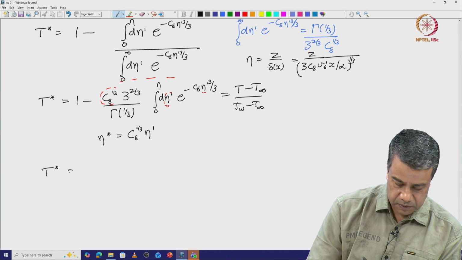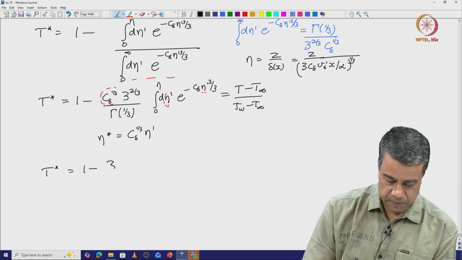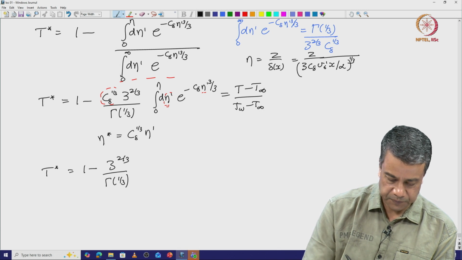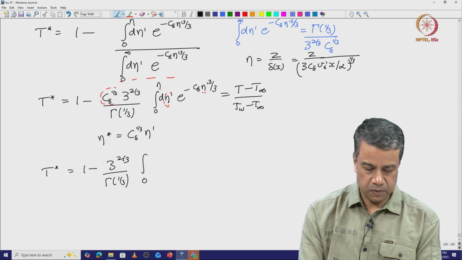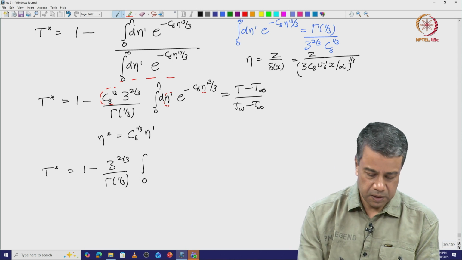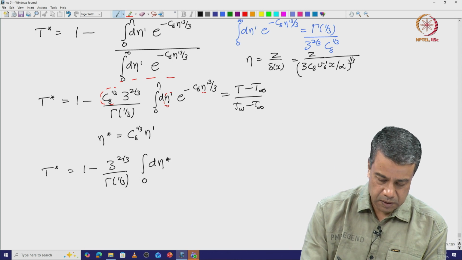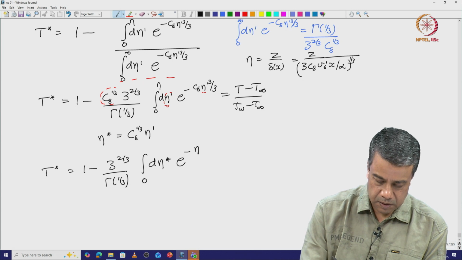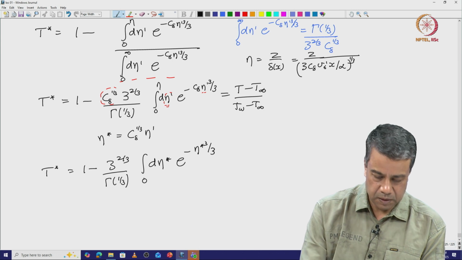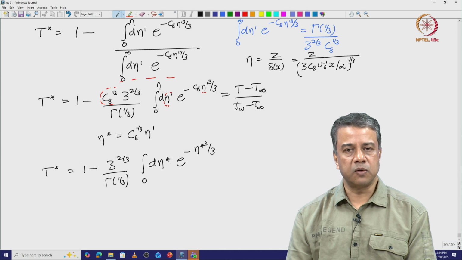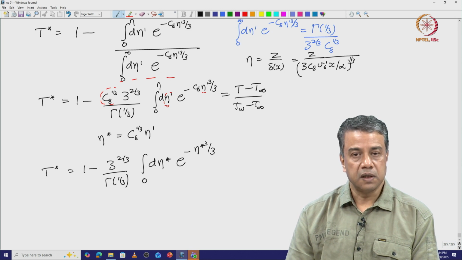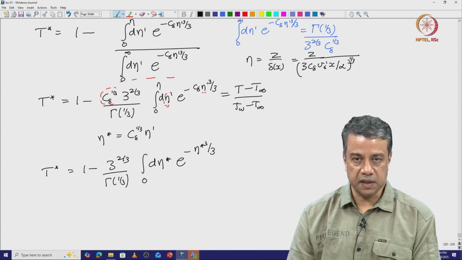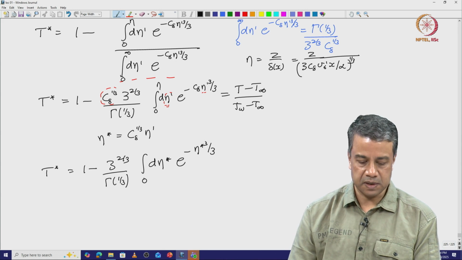T star is equal to 1 minus 3 to the power 2/3 by gamma of 1/3, integral from 0 to C delta times eta prime cubed, which is eta star cubed. The variable of integration is d eta star, which is C delta times d eta prime.